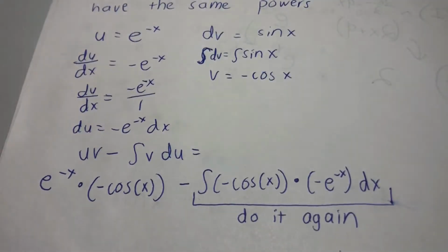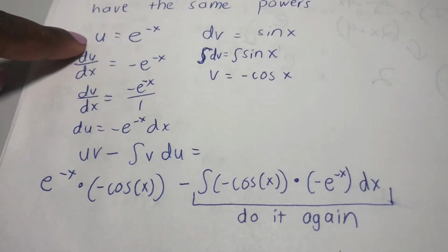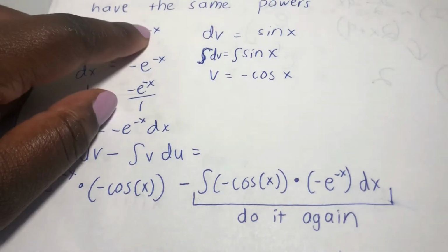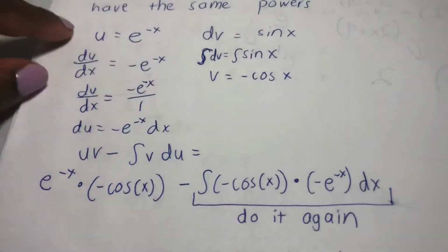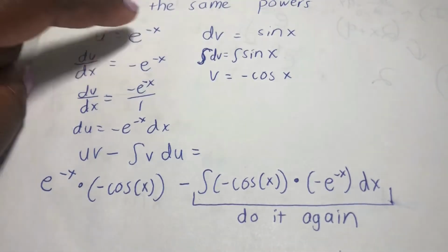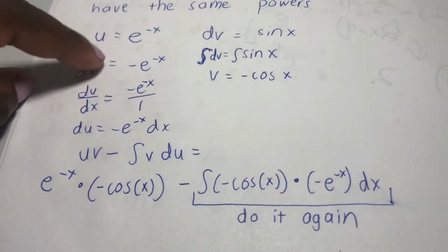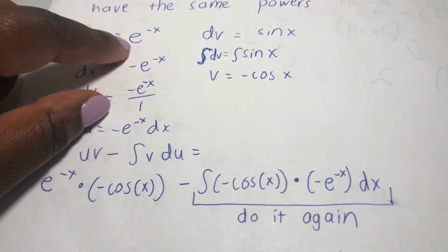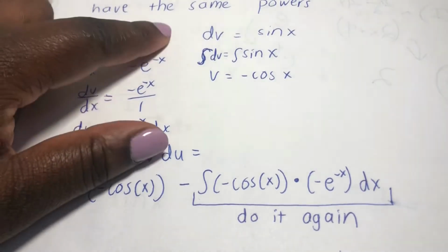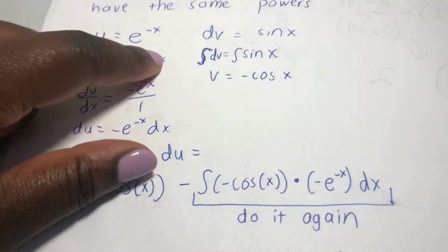So just for the heck of it, I chose u as e to the power of negative x, and I chose dv as sine x. So since u is e to the negative x, the derivative of u, which is du over dx, is going to be the derivative of e to the negative x, and the derivative of e to the negative x is negative e to the negative x.